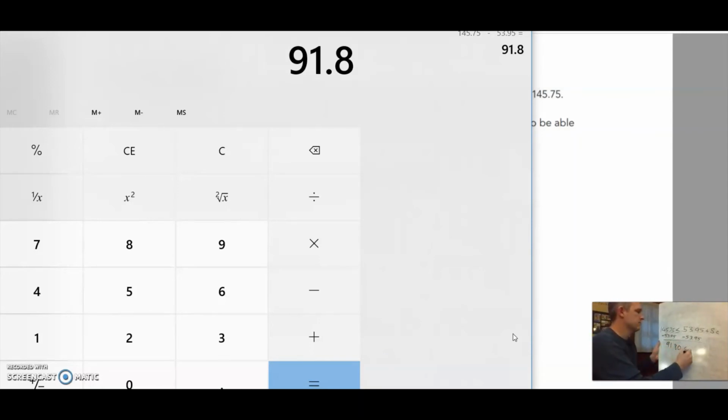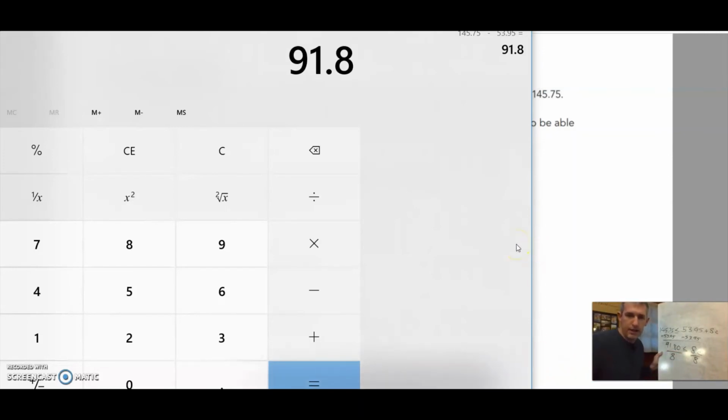So basically, she needs to wash enough cars at $8 apiece to meet this goal. How many $8 pieces of money, or how many times will she need to get $8 in order to get to the 91.80? Well, let's divide 91.80 by 8.